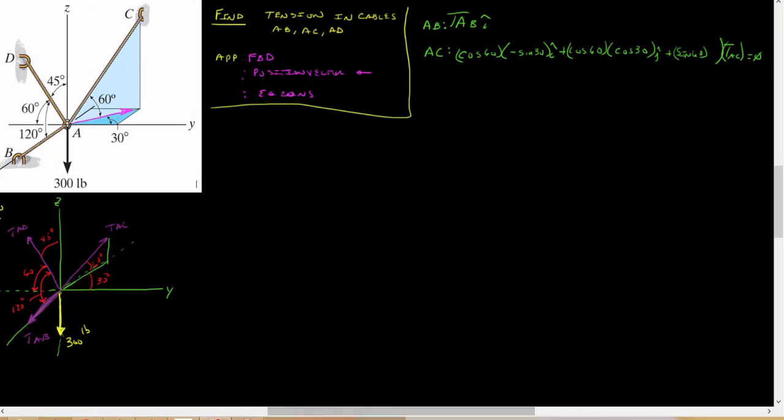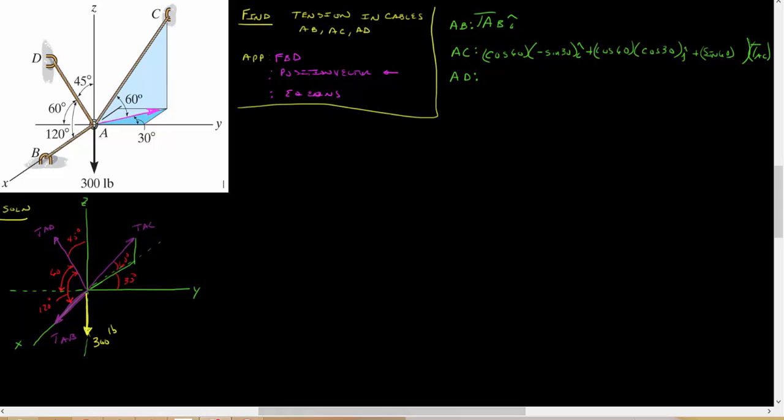Okay, so now we have AD. And since on AD we were given all of the angles to each axis, it's much simpler. So we can say that x is going to be cosine of 120 degrees, the y, now look at our y is going negative.